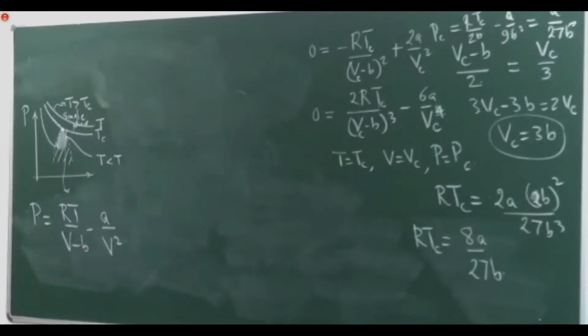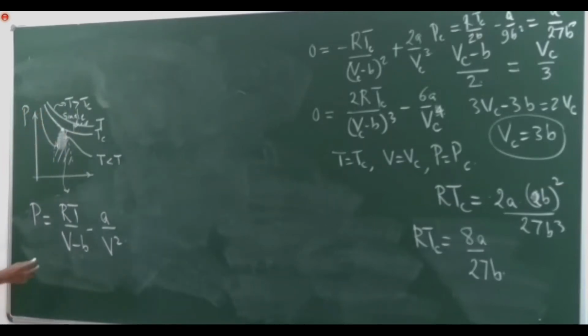If you are in a range where B is very small and A is also very small, and therefore I can neglect this in some order, and if temperature is high enough, then all that will happen is that RT is going to dominate, and V is much greater than B. The graph is going to look like this.